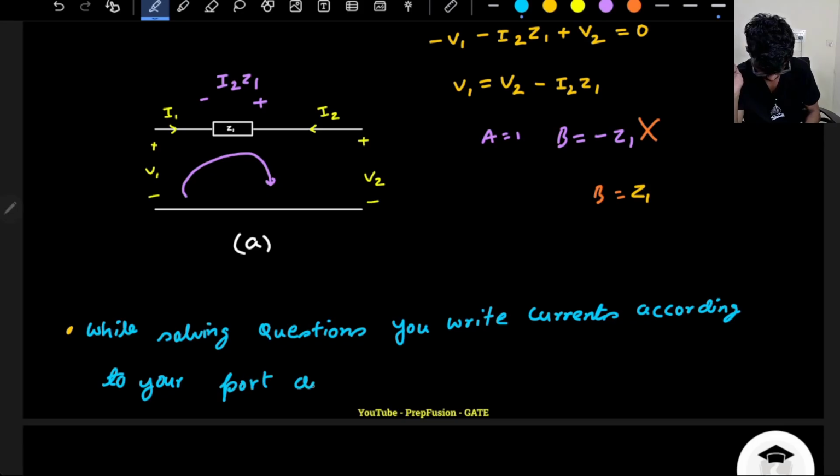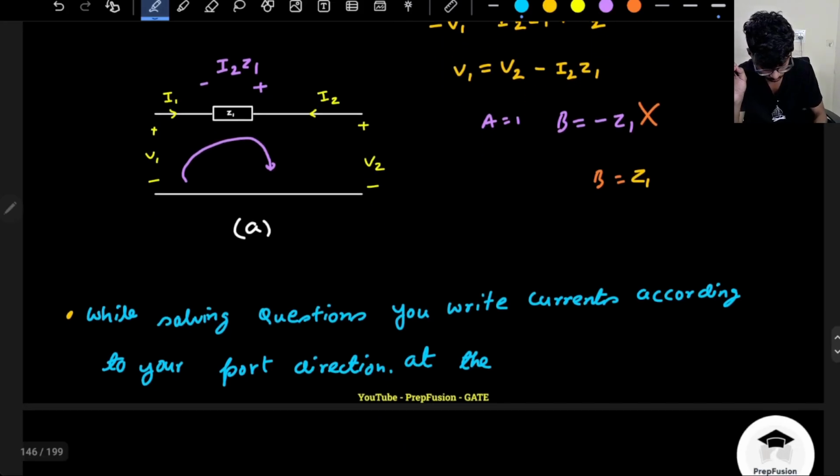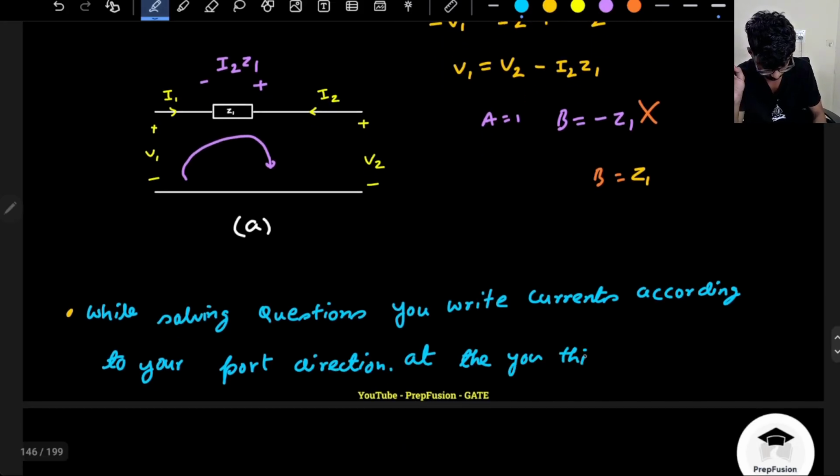Then at the end you add the negative sign, whatever negative sign is there. So at the end you think about the negative sign.